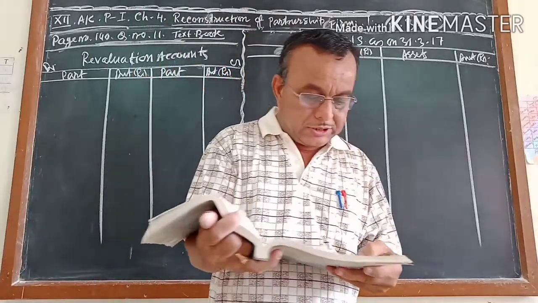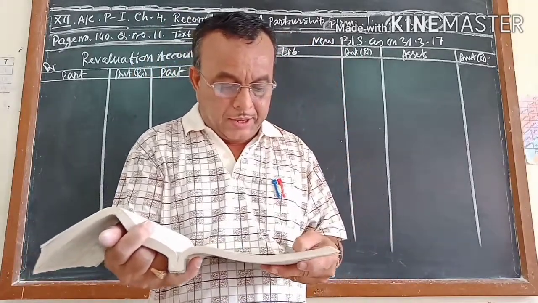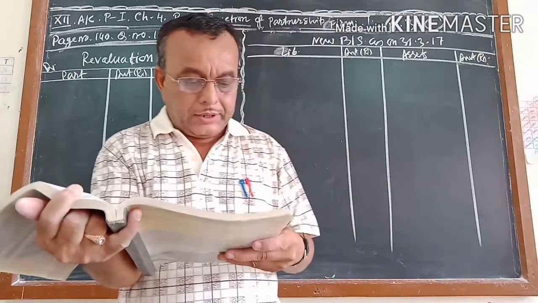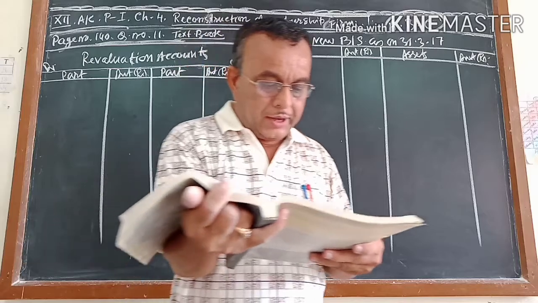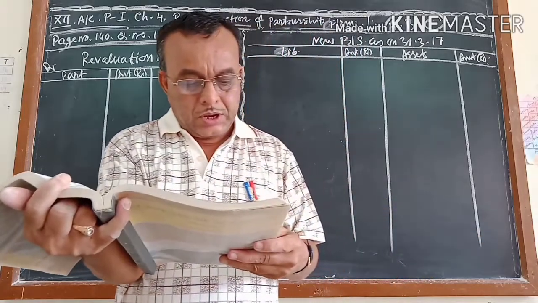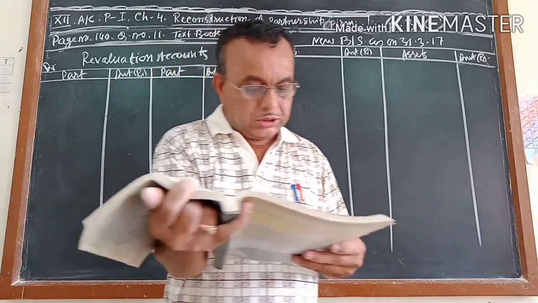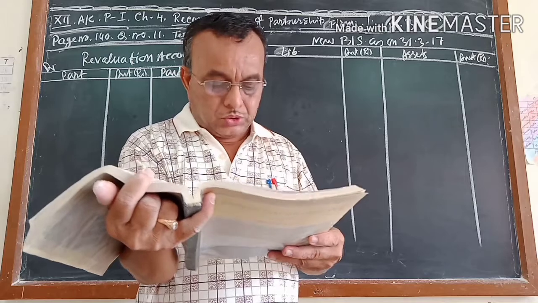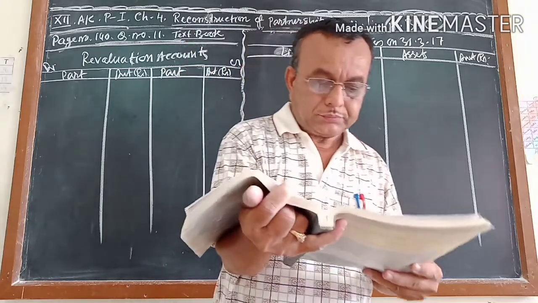What is given in this balance sheet? Capital of A, P and M: 150, 40, 30, total 220. Current account of A, P and M: 10,000, 20,000 and 9,000, total 39,000. Bank loan 30,000. Creditors 40,000. Bills payable 10,000. Total 339.